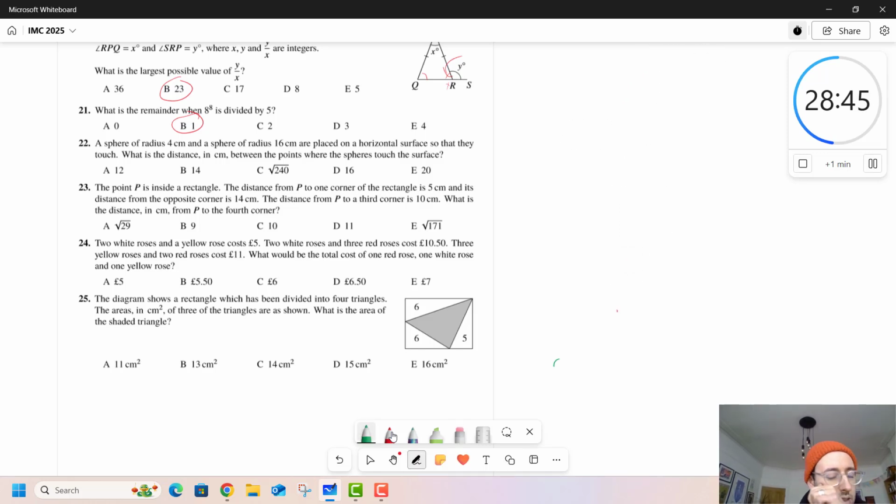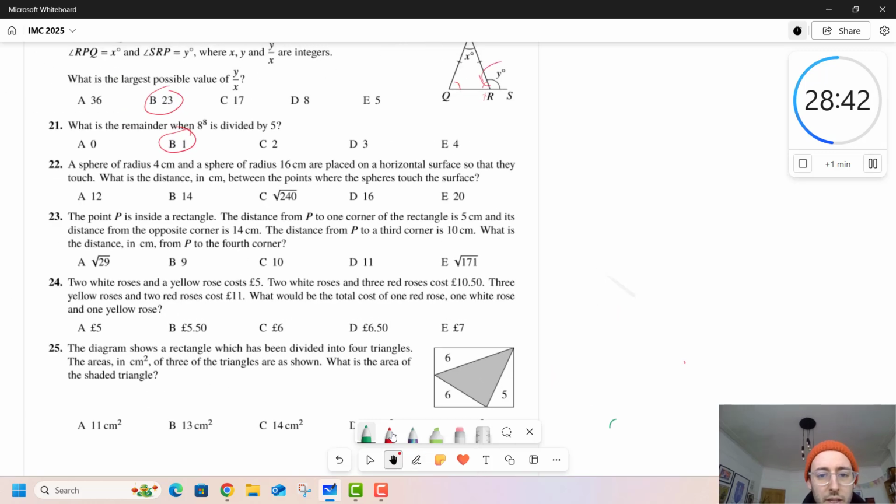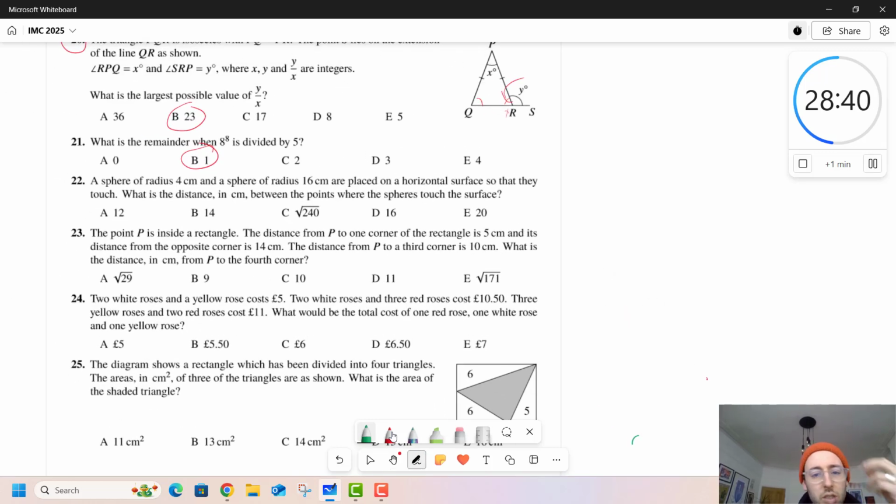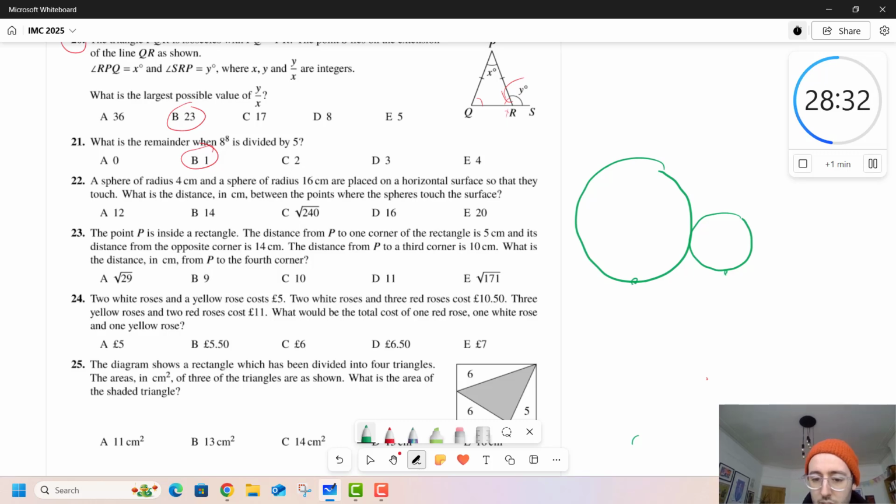A sphere of radius 4 and a sphere of radius 6 are placed on a horizontal surface so they touch. So we've got a circle and a circle. And what's this distance? Now this is 16 and this is 4.